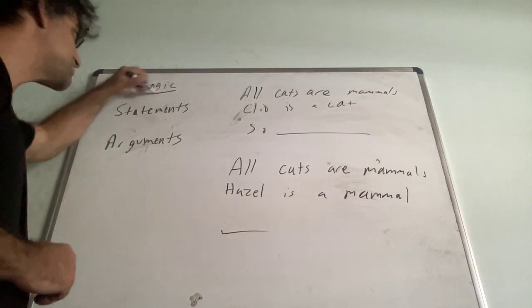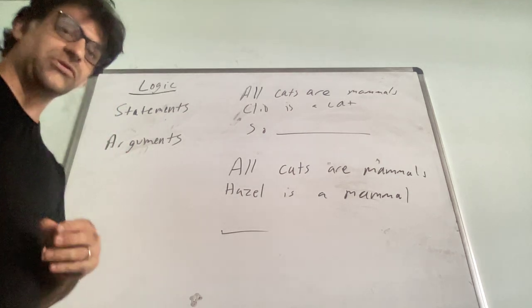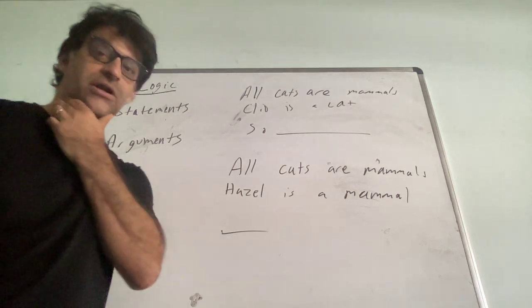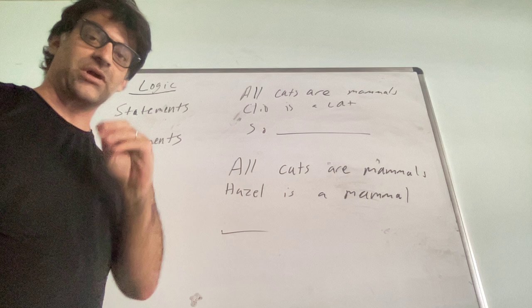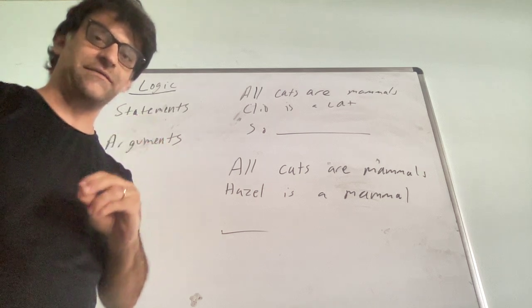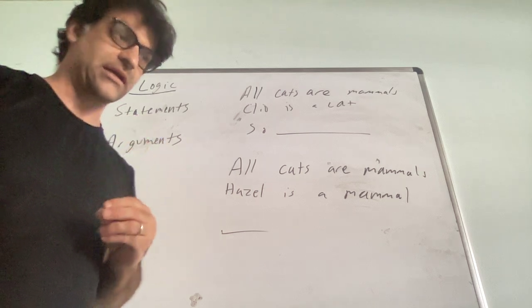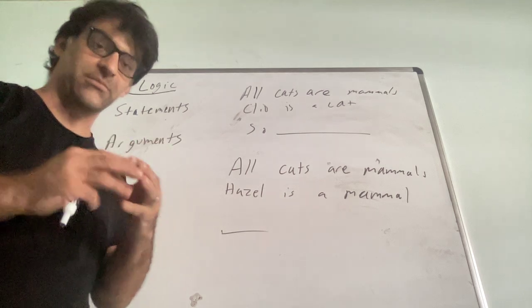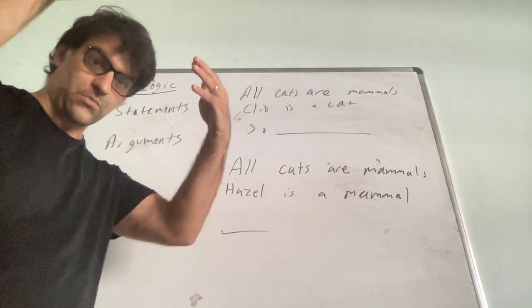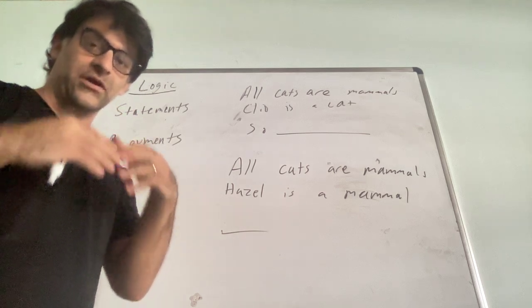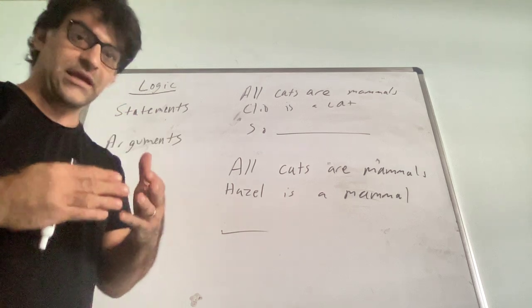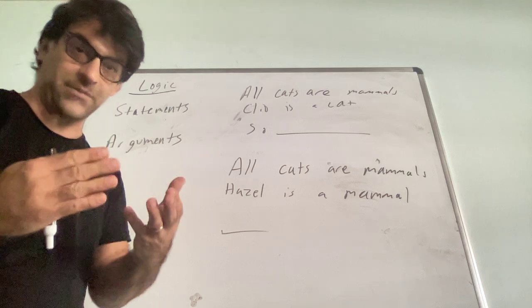This logic class uses the Hardegree text. It is a course on what we call deductive logic. It is logic and arguments, reasoning where the conclusion of the reasoning is, as we'll see, forced by the premises.